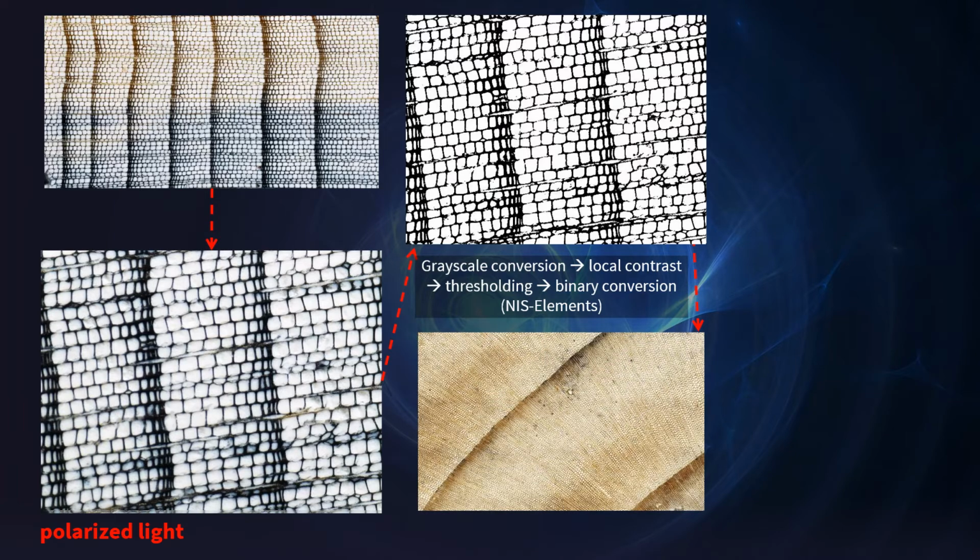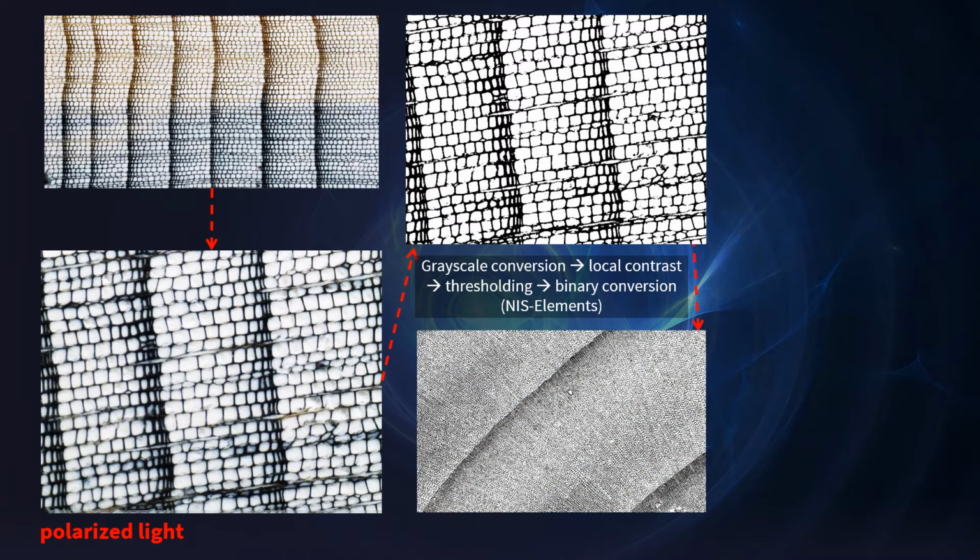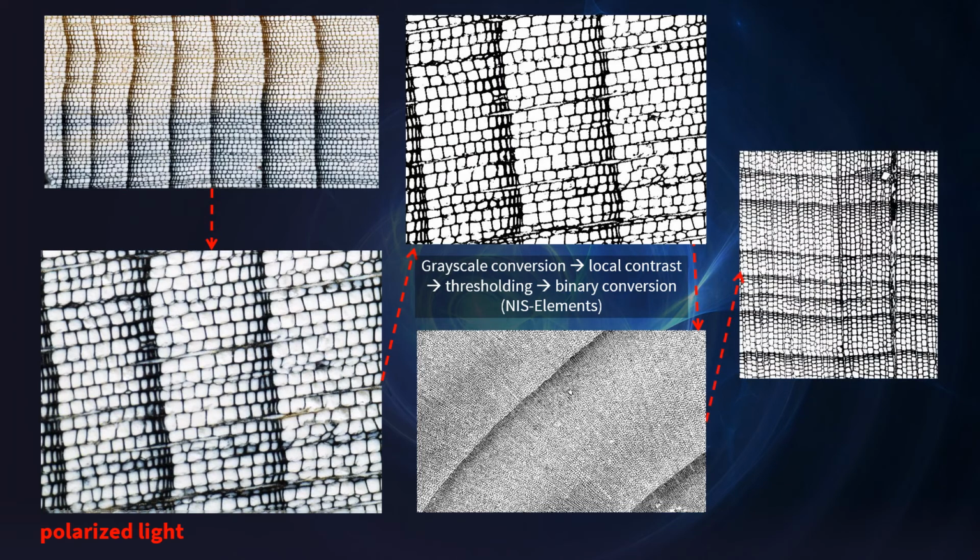Looking at one individual ring, this is what that conversion looks like. So afterwards, here's the result. And a bit of a close-up here. So you can see this is the final image that we then work with and measure.